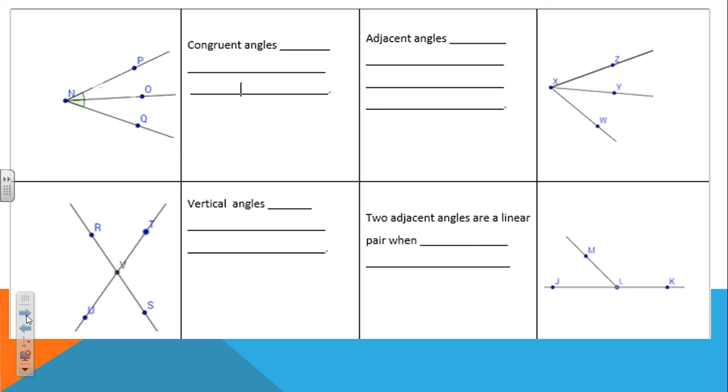Two adjacent angles share a ray and a vertex. The ray is between the two angles.